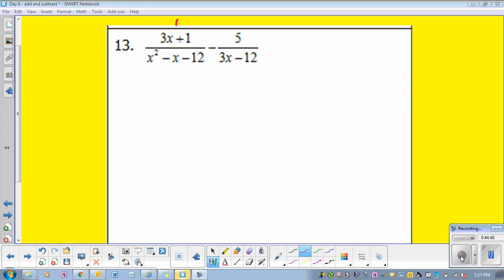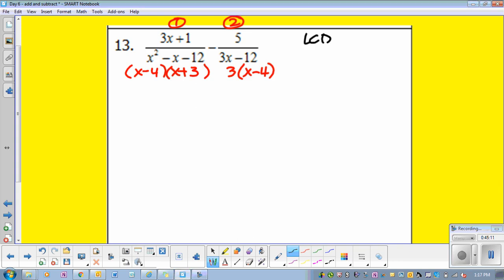Fraction 1, fraction 2. Fraction 1, the denominator you can factor: x minus 4, x plus 3, yes? Fraction 2, can you factor? Divide by 3. Yep. Okay? So, LCD.